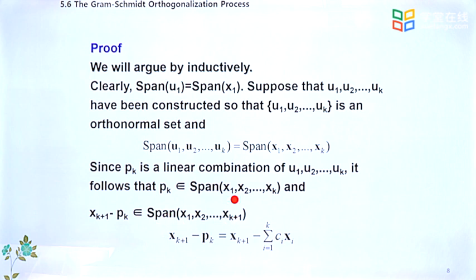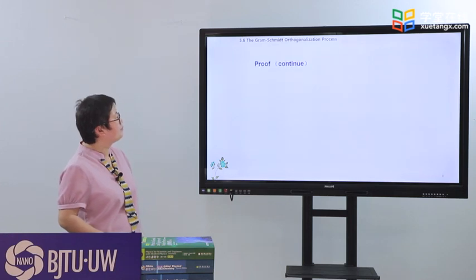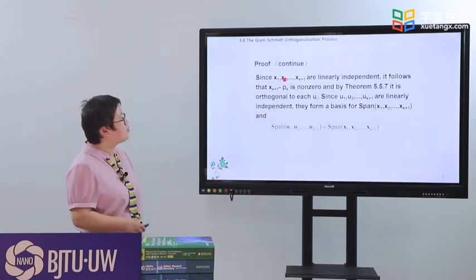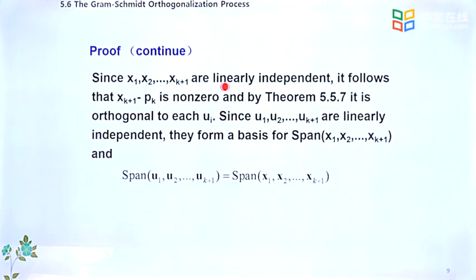till x(k+1). We consider this vector x(k+1) minus pk, which equals x(k+1) minus the summation of ci xi for i varying from 1 to k. Since x1, x2 till x(k+1) are linearly independent, it follows that x(k+1) minus pk is nonzero, and by theorem 5.5.7, it is orthogonal to each ui.